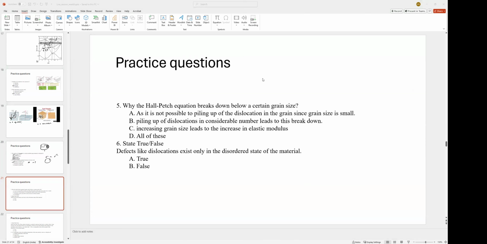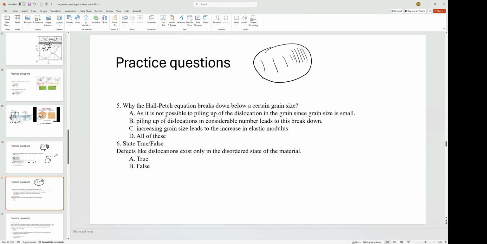Why does the Hall-Petch equation break down beyond a certain grain size? You remember, if your grain is very large, the dislocations are able to pile up and then move.